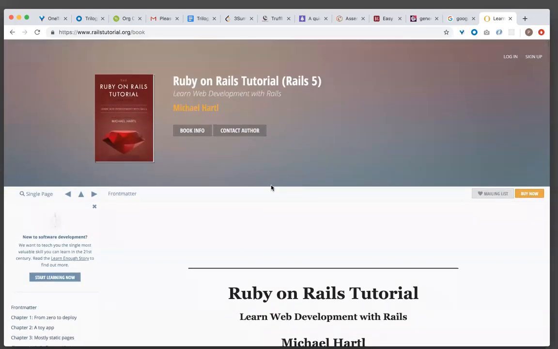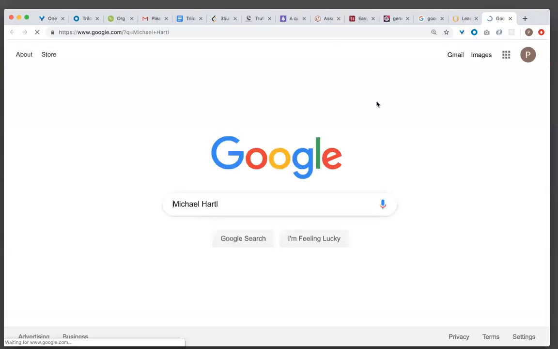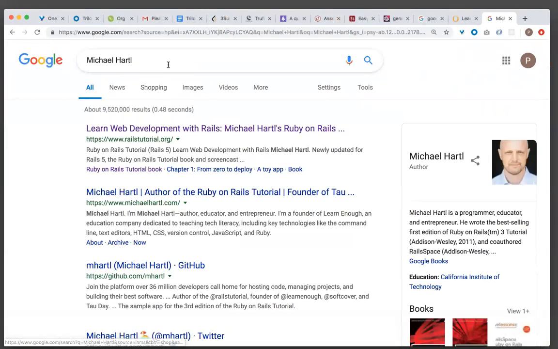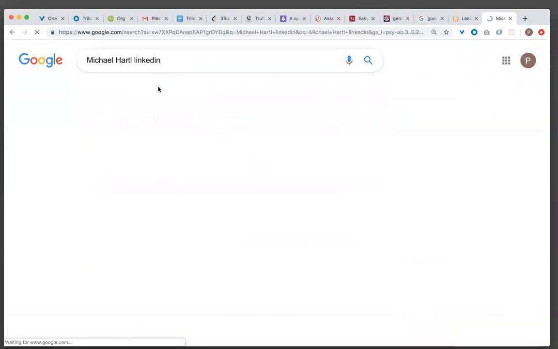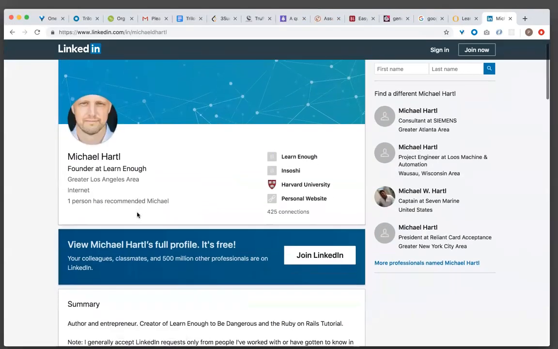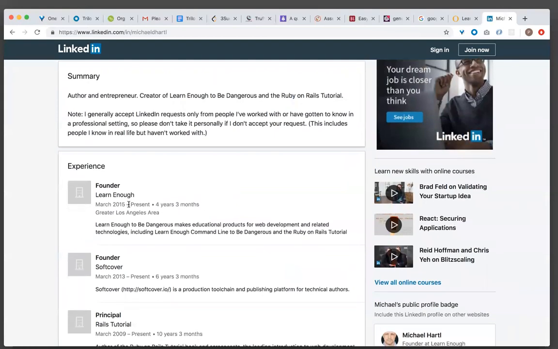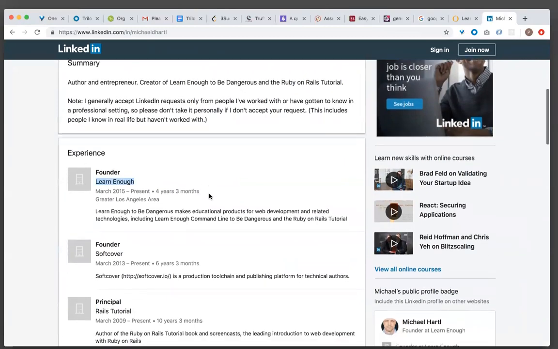Wonder what he's doing now. You know, he has a PhD. I don't know in what though. I don't think in computer science. He's doing a lot of stuff now for Learn Enough to Be Dangerous. Oh, interesting. He has JavaScript too.